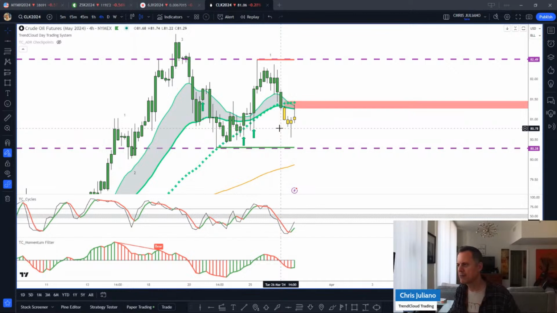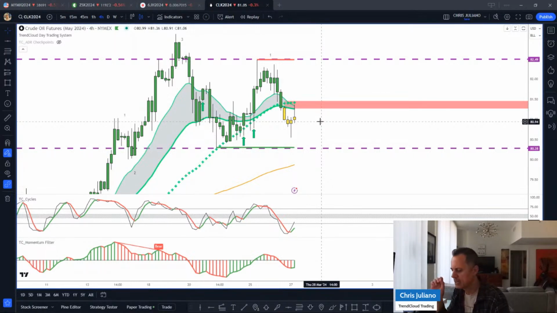It's going to give you information. Receiving information from a trading system is the most important way to be consistently profitable. Because when you're receiving information from a trading system, you're able to make discretionary decisions better.